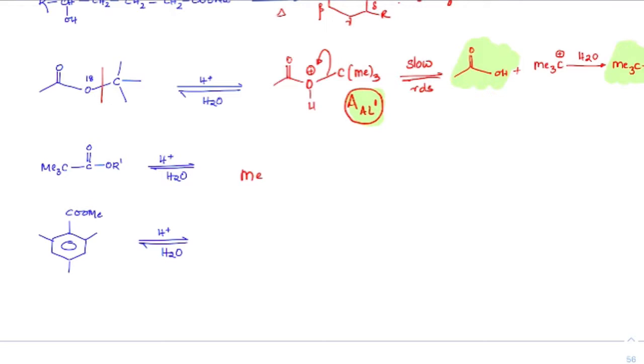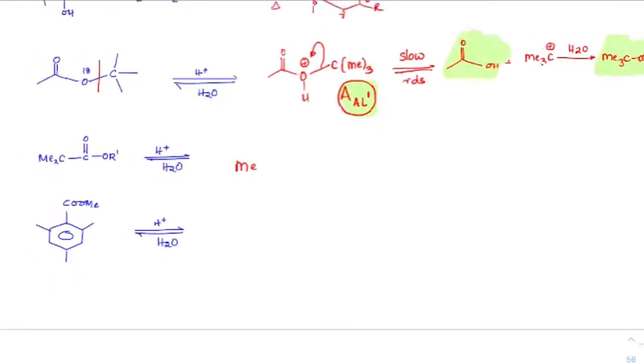Okay. See the next mechanism, next question. Now on this side is the alkyl group. Tert alkyl is here, right? So now when the reaction happens, first Me3C with C double bond O, and we have OH plus and R here.